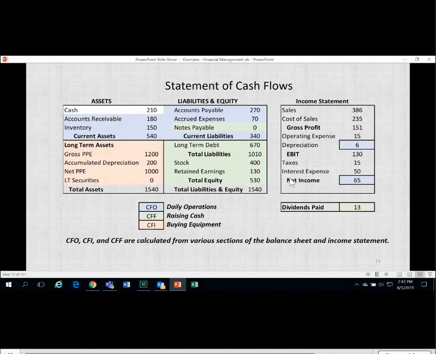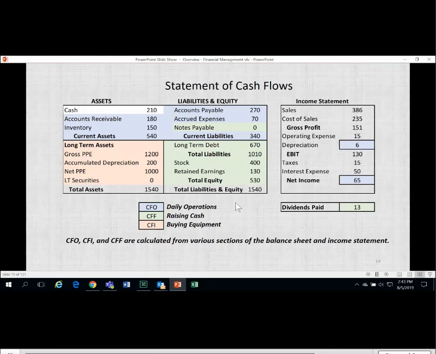Now, there's one more component. Since all these current assets and current liabilities change daily, and as we saw before, current assets increase is a cash outflow and current liabilities increase is a cash inflow, we know changes in these items affect cash flow. So these three blue areas are what we look for in cash flow from operations.